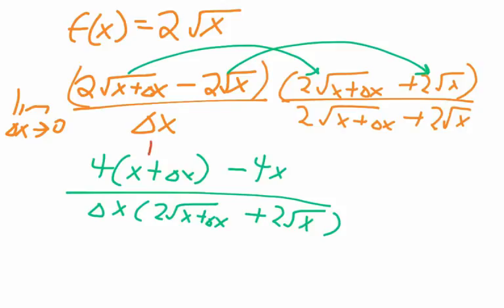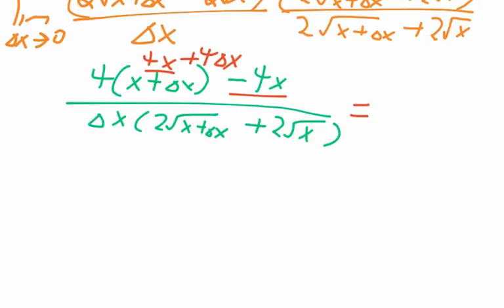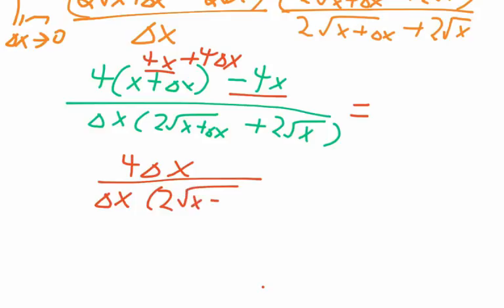Now when I distribute, that's 4x plus 4 delta x, and this 4x and that 4x will cancel each other out. So I now have 4 delta x over delta x times (2 square root of (x plus delta x) plus 2 square root of x).